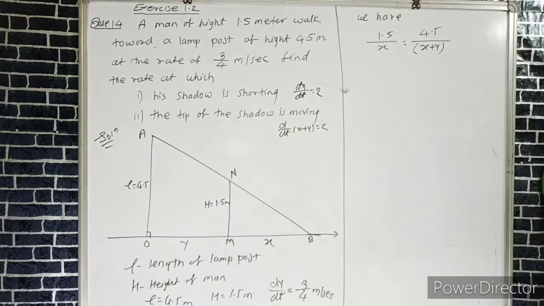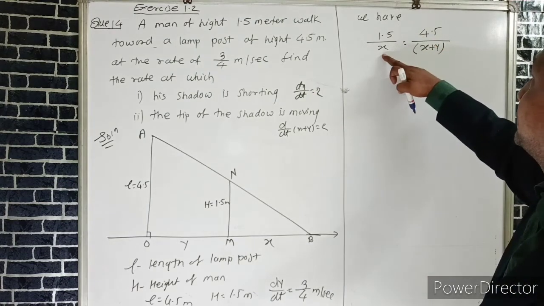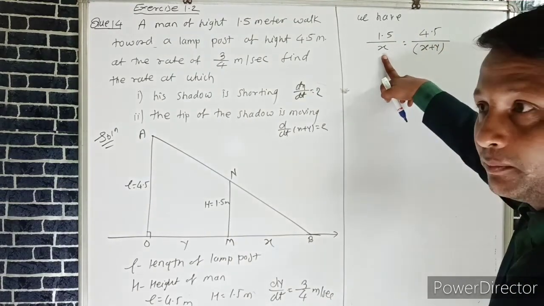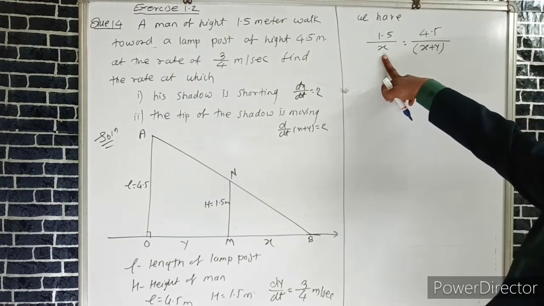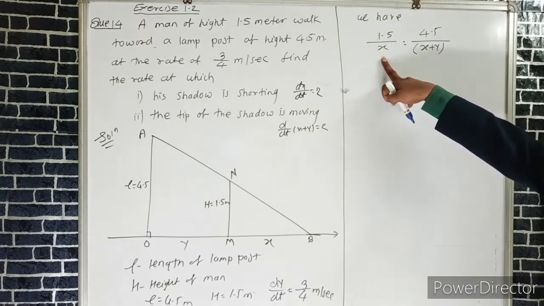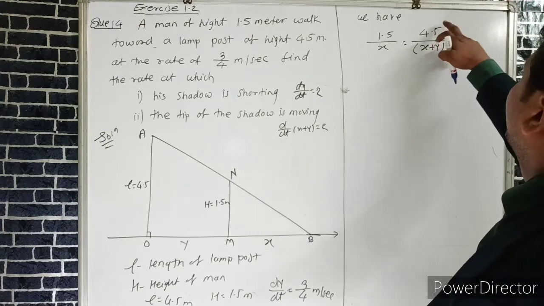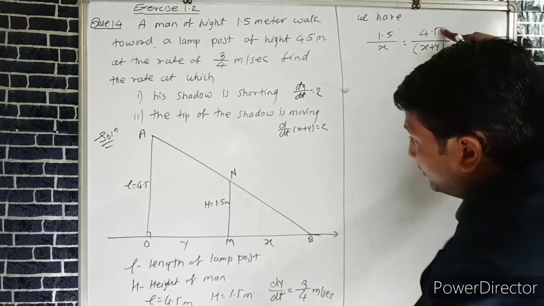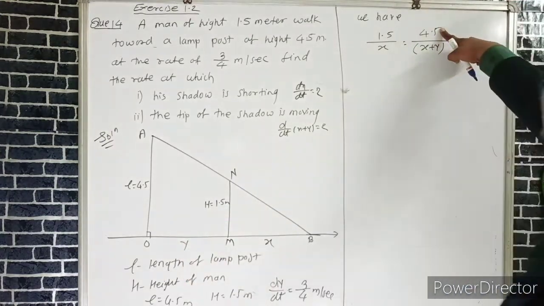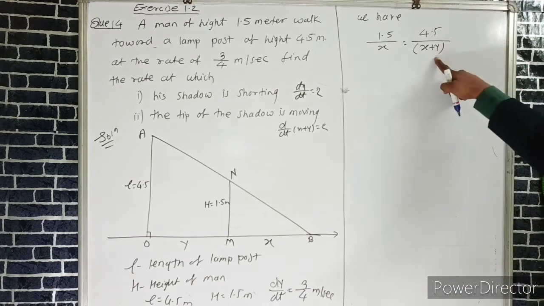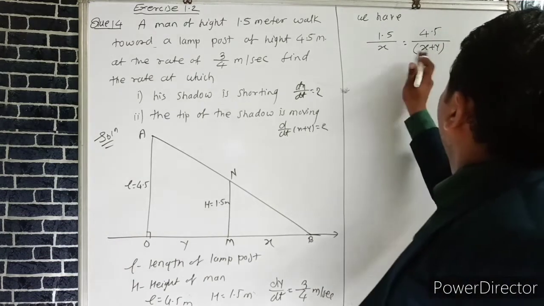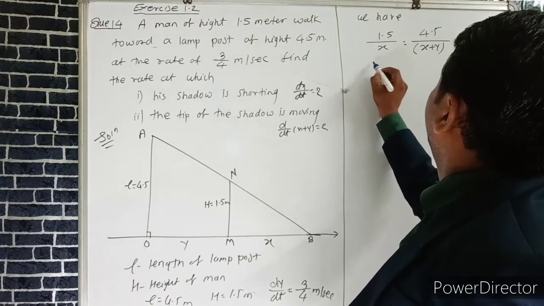It is clear that the ratio of the height of the man upon the shadow of the man, which is given, is similar to the ratio of the height of the lamppost upon the shadow of the lamppost.